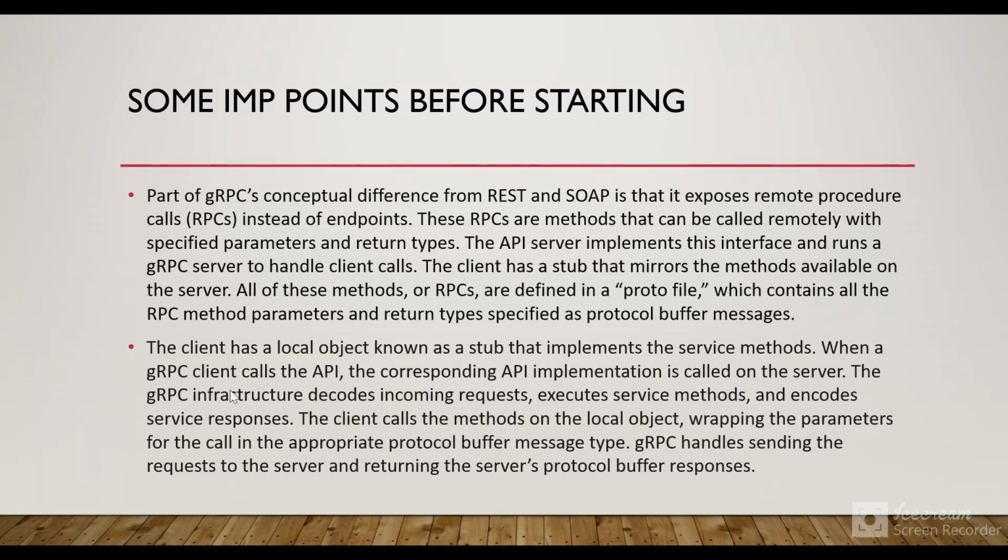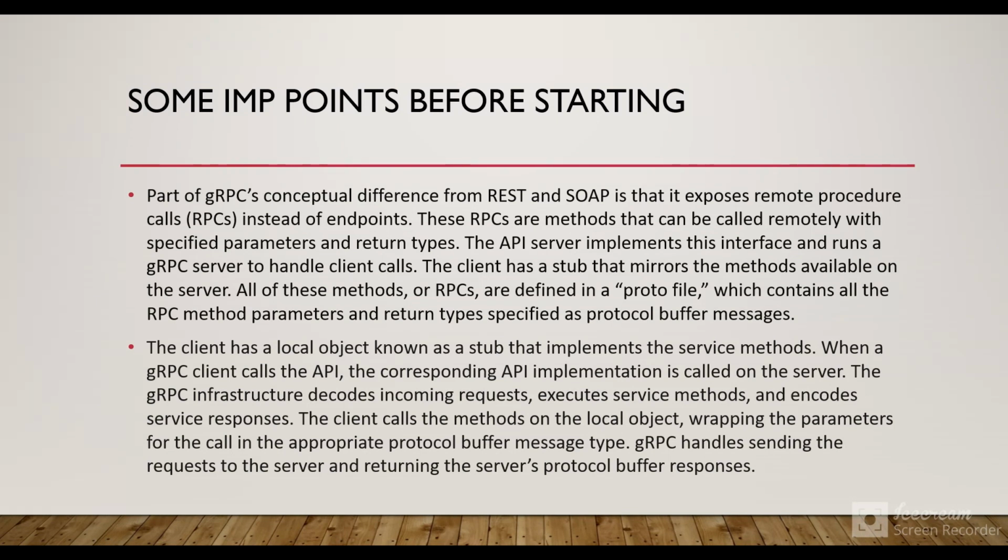When a gRPC client calls the API, the corresponding API implementation is called on the server. Here it is the Salesforce servers. The gRPC infrastructure decodes the incoming request, executes service methods, and encodes service responses. The client calls the methods on the local object, wrapping the parameter for the call in the appropriate protocol buffer message type.